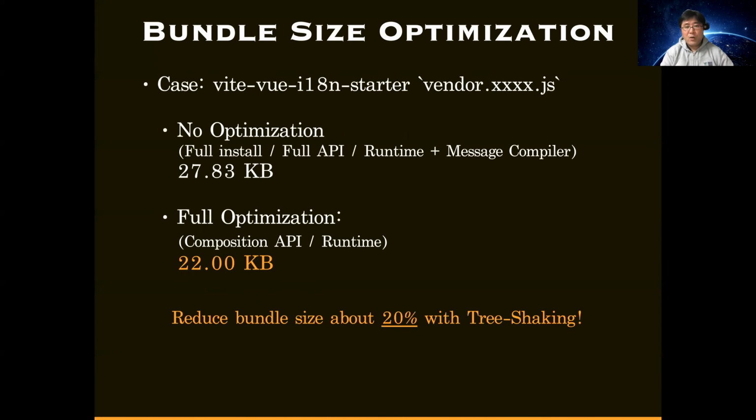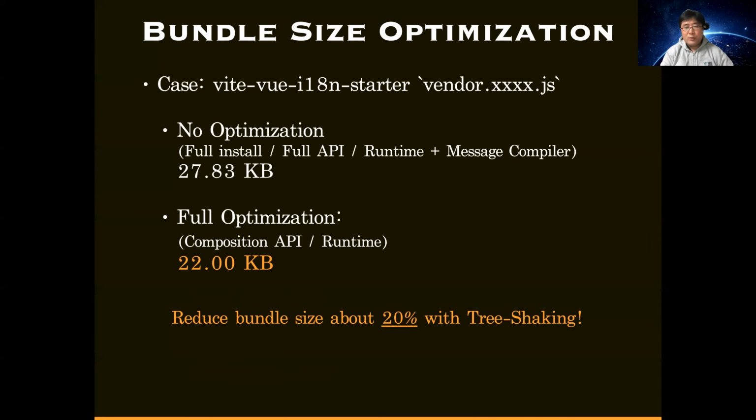So to see how much the bundle size is actually reduced, we used the bit Vue I18n starter, and here are the results. Vite bundles dependencies such as Vue and Vue I18n into a file prefixed with vendor when it's built, and we measured this file size.